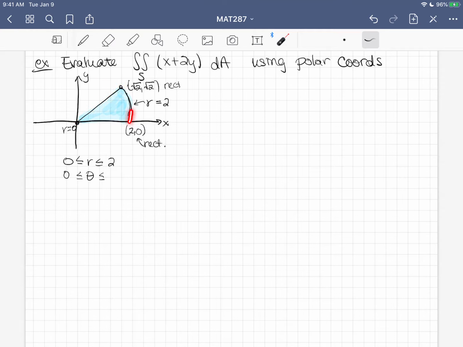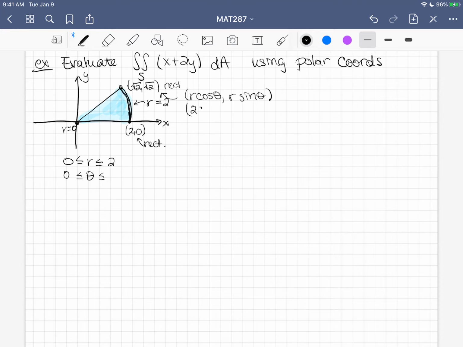Well, do you remember what points look like along a circle of radius r? These are of the form (r cosine theta, r sine theta), where here we know we're along this circle, so r is 2.